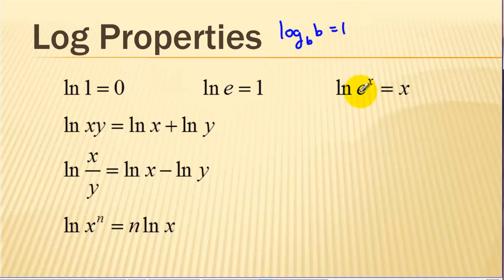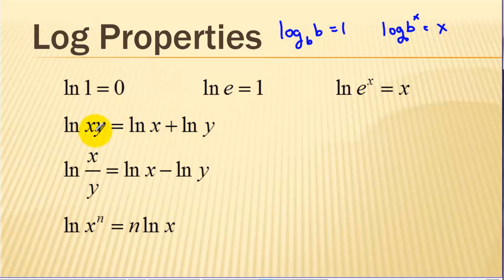And the log of a base to a power, this would be base b here, is going to be x. So doing a logarithm undoes the exponential function. So these are some important properties to know. Also, if we take the log of a product, we could take the product and then take the logarithm, or we can take the log of each number separately, the x and the y, and then add them together.